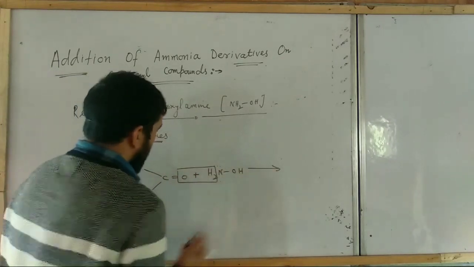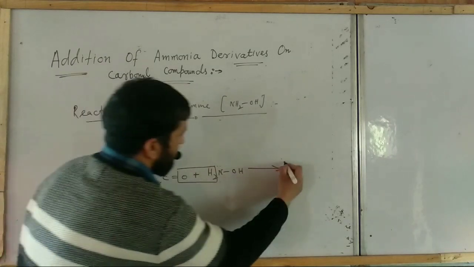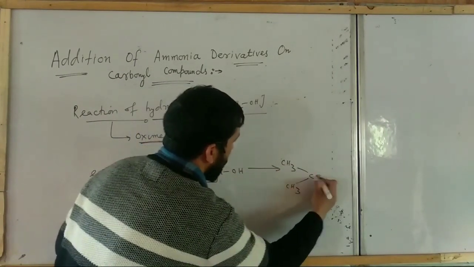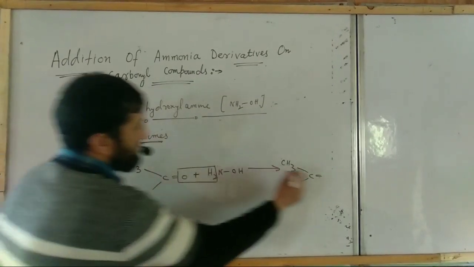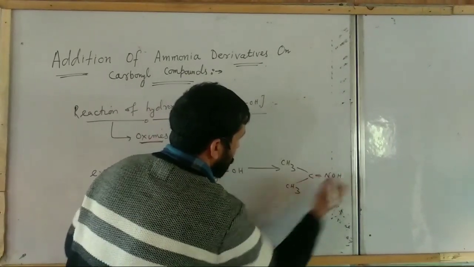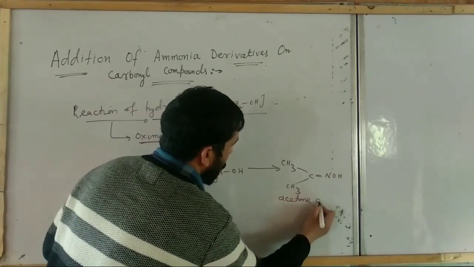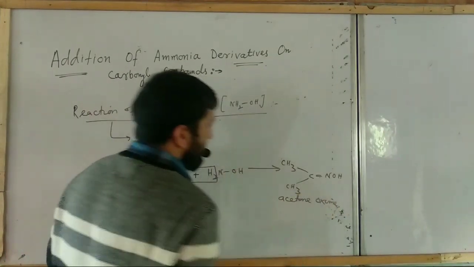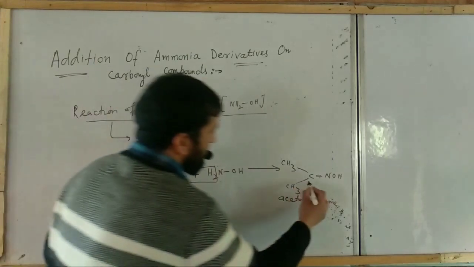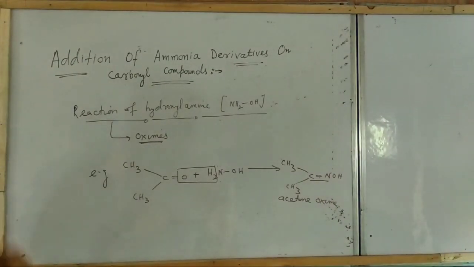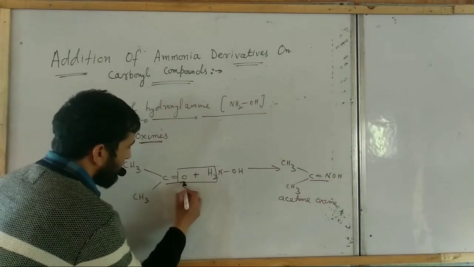As a result, there is formation of the acetone oxime, that is CH3 C single bond CH3 double bond NOH. So this is the acetone oxime. Now in this acetone oxime there is the presence of carbon nitrogen double bond, whereas जो acetone है there is the presence of carbon oxygen double bond.